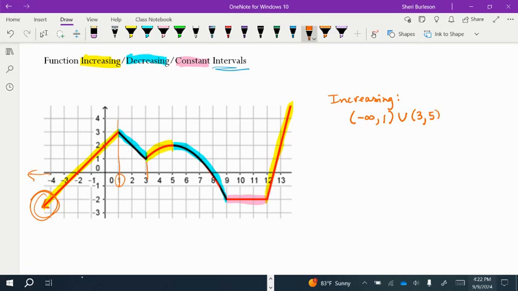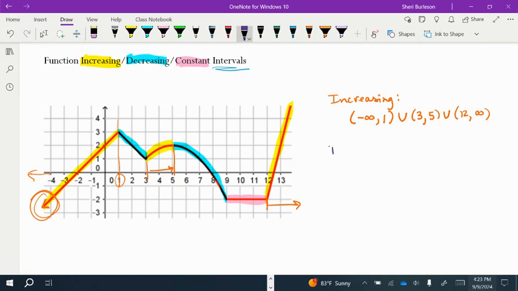Those are my x values here. And then union, it is increasing again from 12 on. You cannot equal infinity or -infinity, so you'll never have a bracket at either of the infinities. So that would be the intervals where it is increasing.